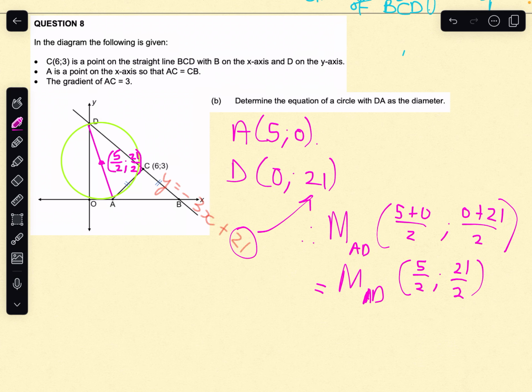So the distance AD squared is equal to 21 squared plus 5 squared, because this part is the 21 units and this part is the 5 units, and that is a right angle. So this is true because Pythagoras said so.